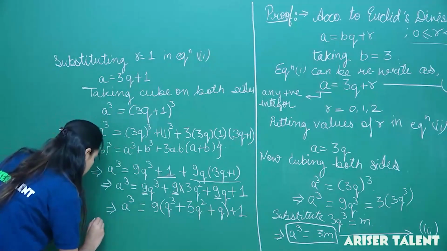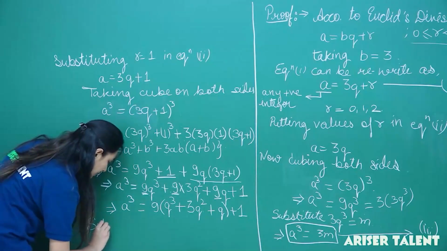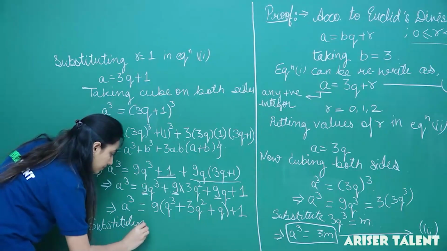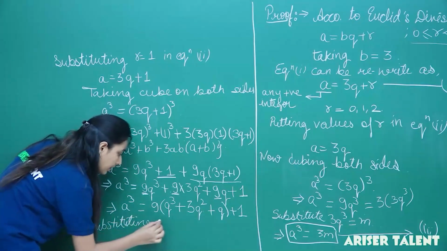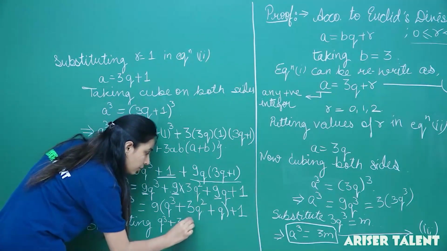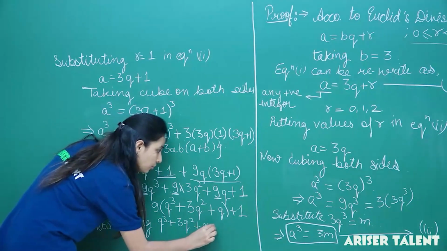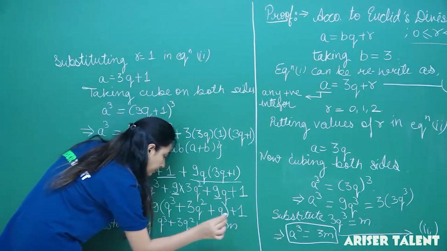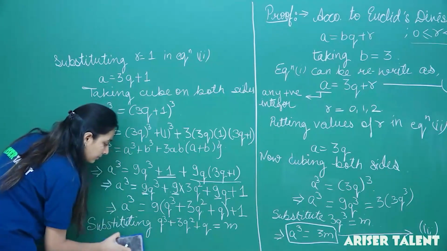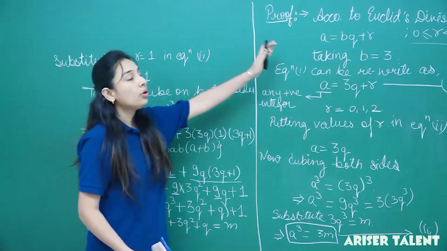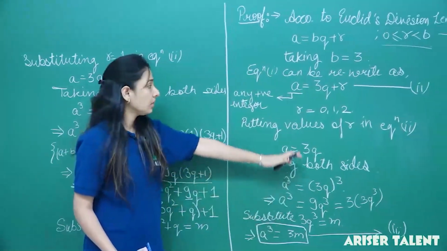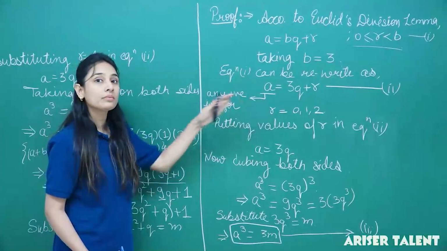Okay. So, substituting 3q cube plus 3q square plus q equals m, we will get what? Note this part. I'll be removing this part up to here.